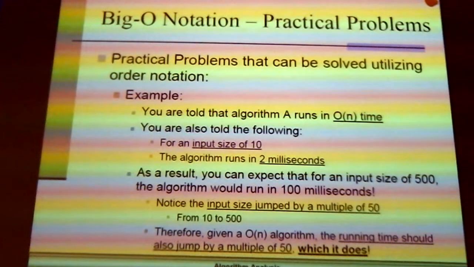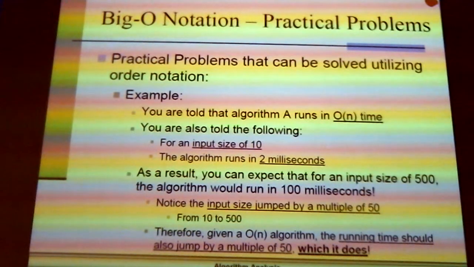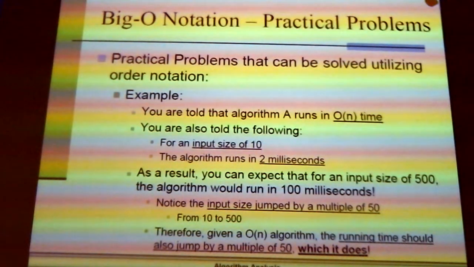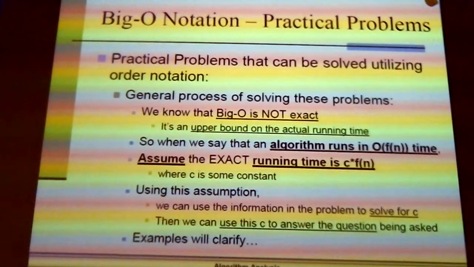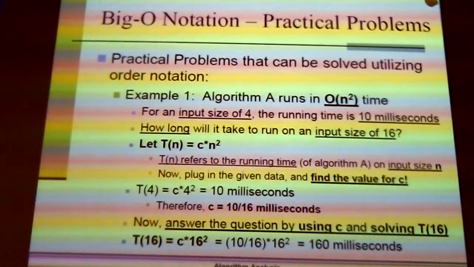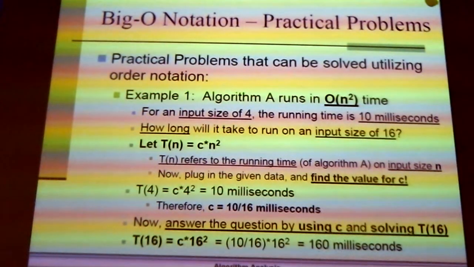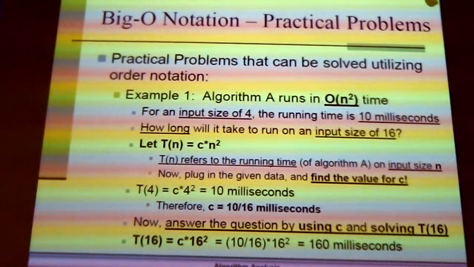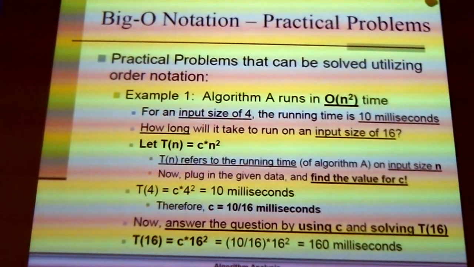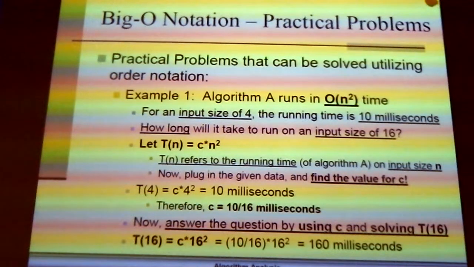The impact was a multiple of 50, so we just multiply our milliseconds by 50. Now when you're dealing with n squared, it's not that simple. Some people are really great at math and could calculate this in their head, but people like me, who have become horribly dependent on computers to do the math for me, would actually have to do the equation.